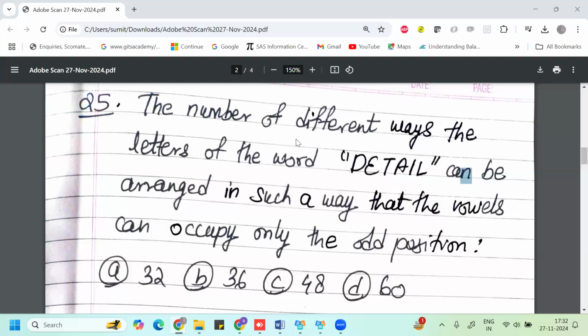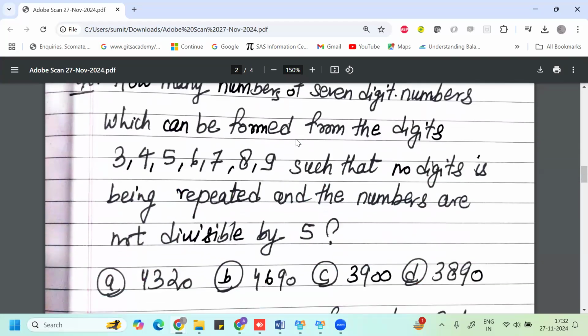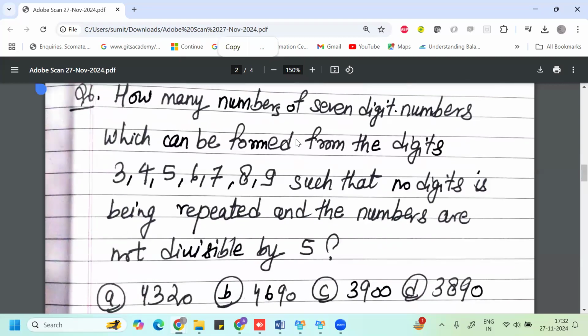Answer is option B, 36. Very good. Do question number 6. Very good, guys. I'm really happy. I think you guys have done a lot of hard work in permutation and combination. They're really awesome. Try question number 6. Question number 6, answer is option A, 4320. You figure out how the answer is option A, 4320.